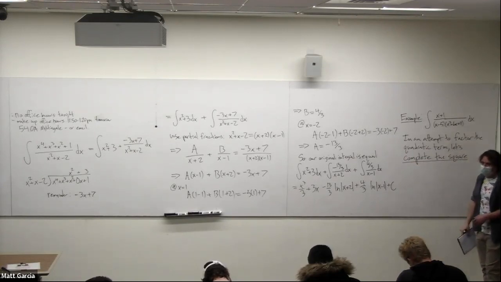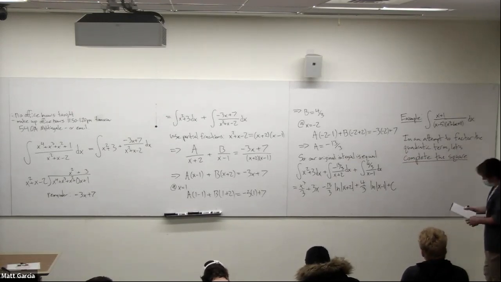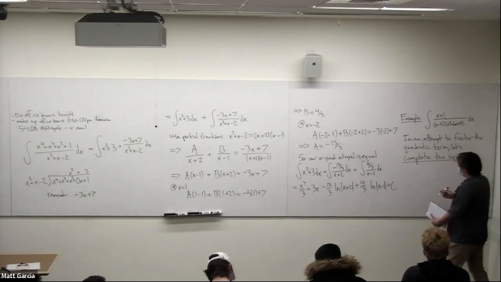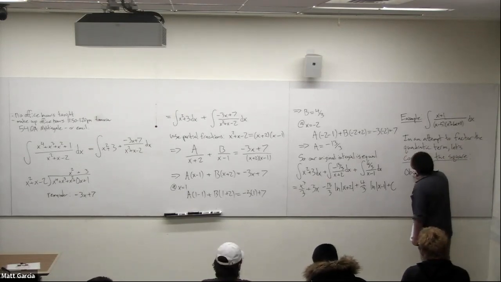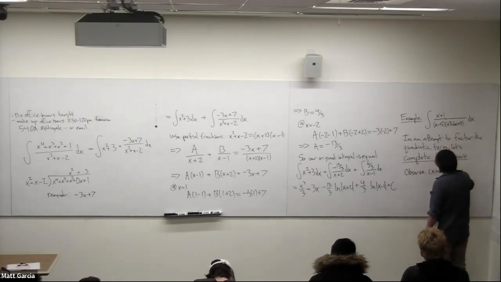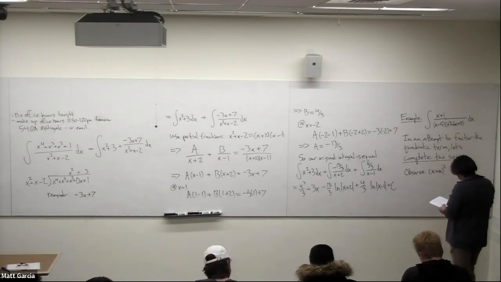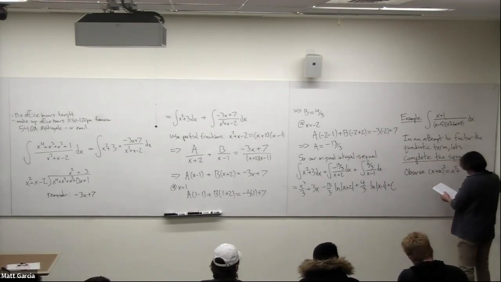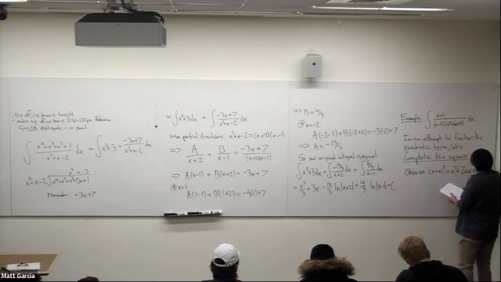Something that you remember? Completing the square. Okay, so let me remind you of what this process is all about. Observe that in general, x plus a squared is equal to x squared plus 2ax plus a squared.